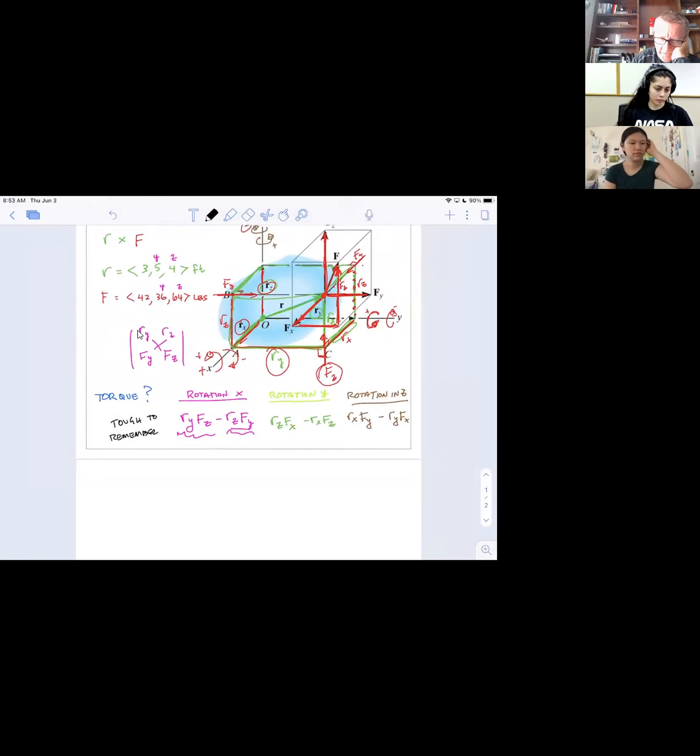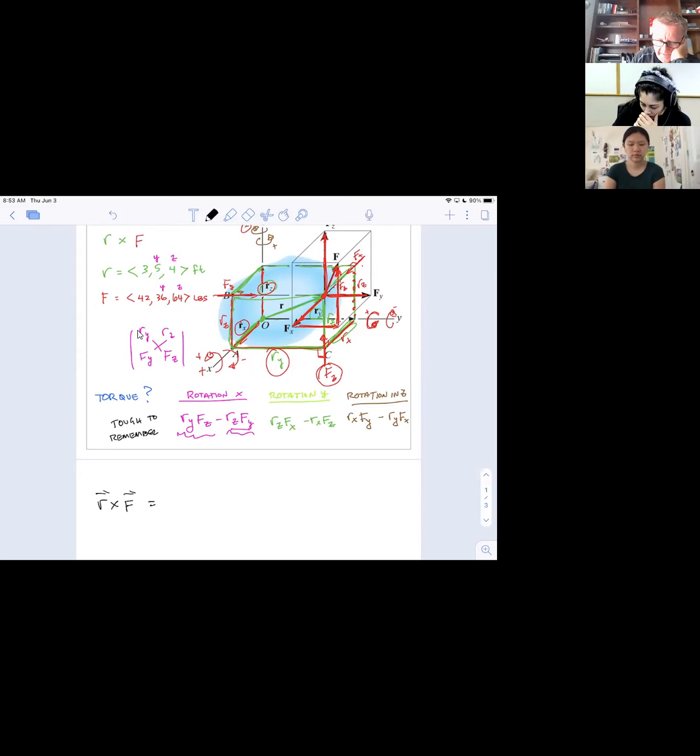Let me show you how. If we said we would like to know what R cross F is, and R is a vector and F is a vector, and each of those is broken into its X, Y, Z components. It's broken into those three components.